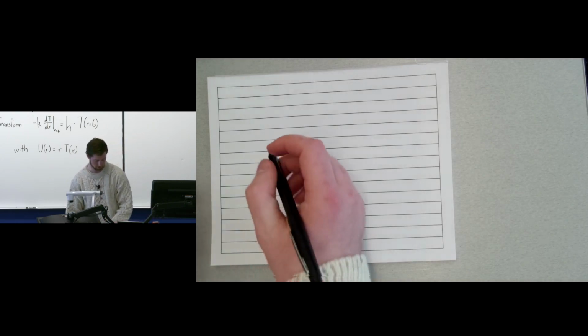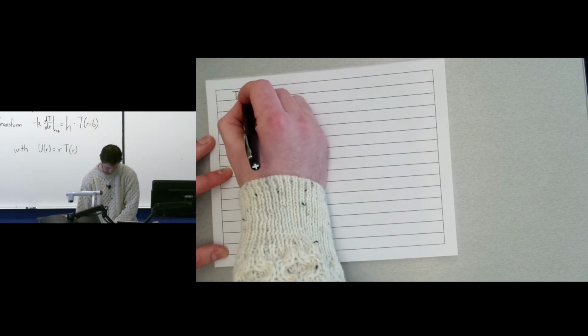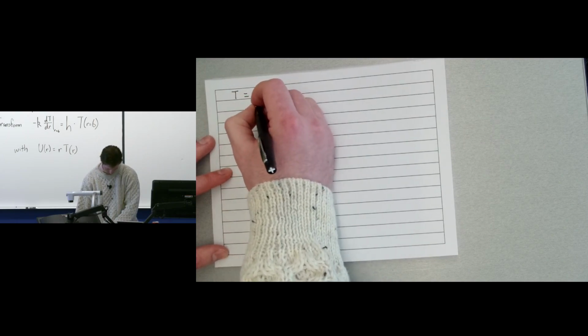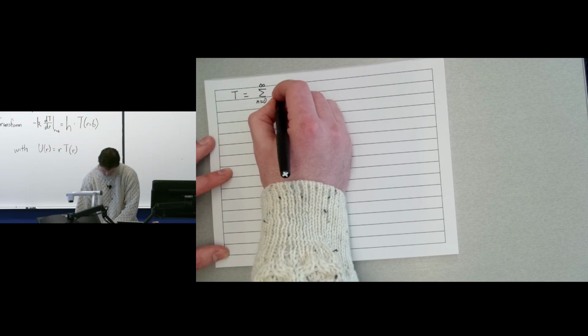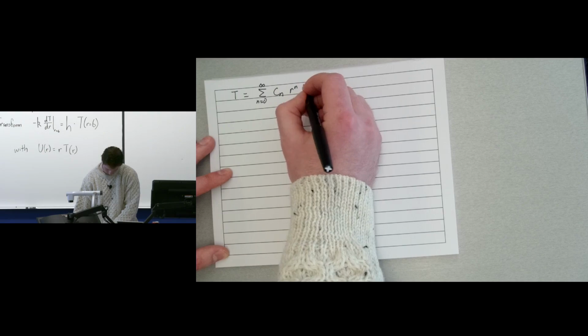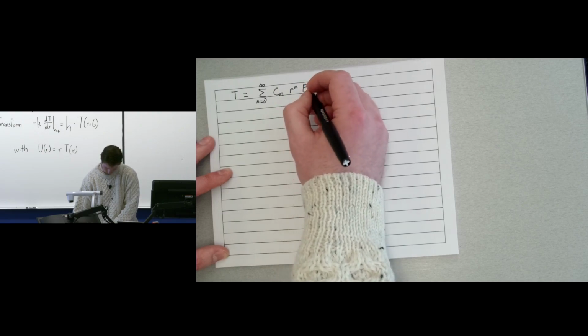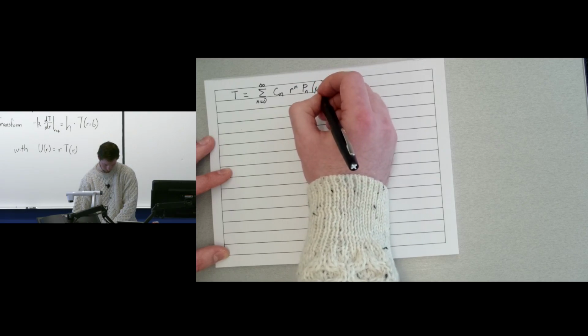All right, as we move forward, our function T is equal to the summation from n equals 0 to infinity of C_n r^n times the Legendre polynomial of the first kind of order n evaluated at mu.